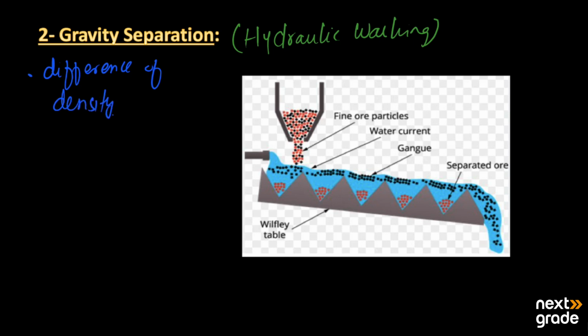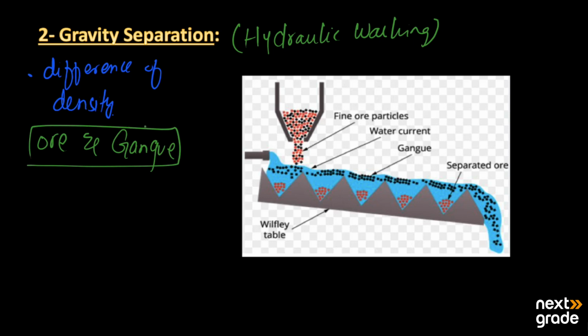Here we look at the difference in the density of the ore and the gangue particles, as the ore has gangue particles along with it.